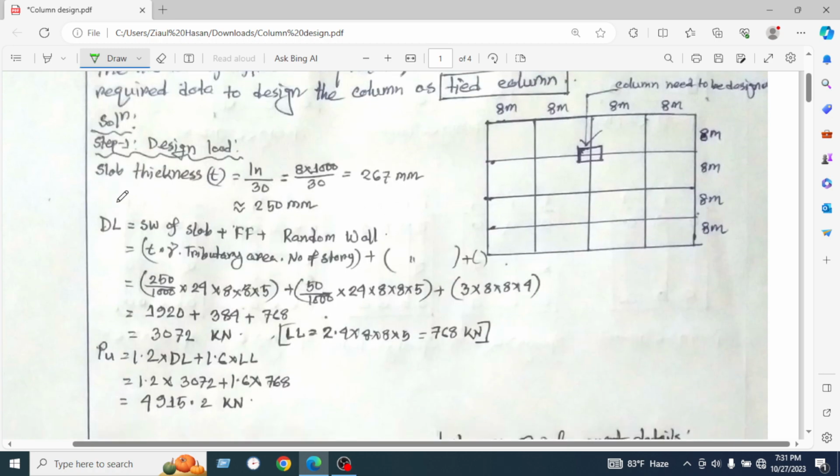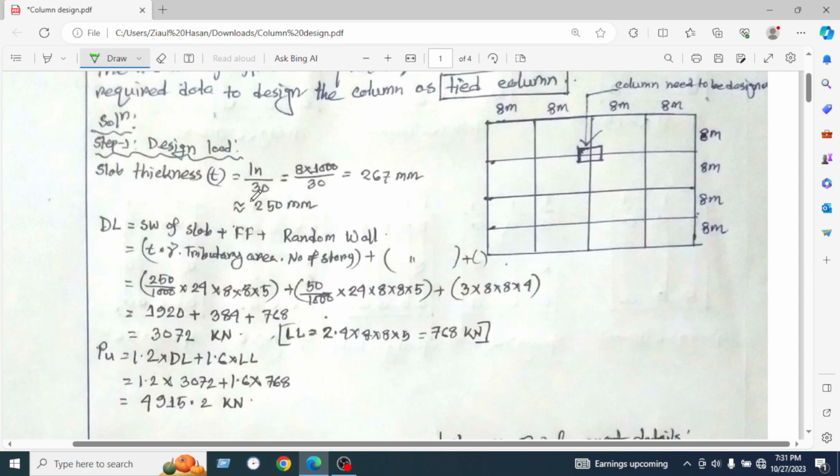We will find out the slab thickness. Here the slab thickness equals ln by 30, where ln means the long span of the slab, so 8 multiplied by 1000, which converts to millimeter, divided by 30, so 260 millimeter, and we will provide 250 millimeter.